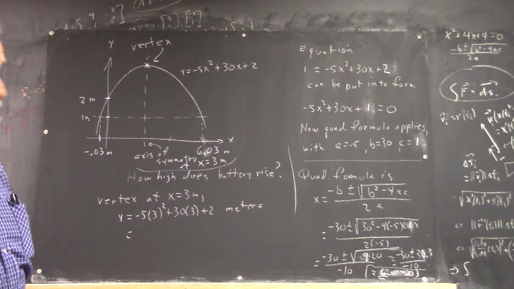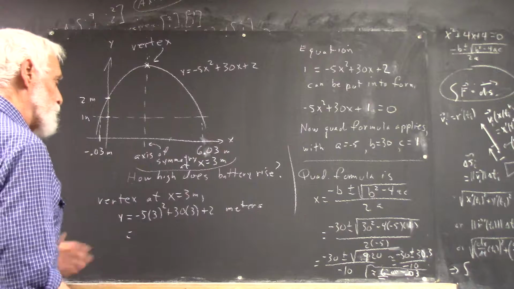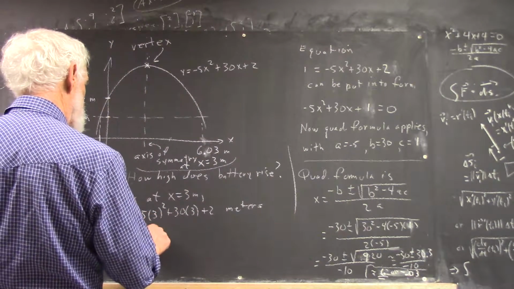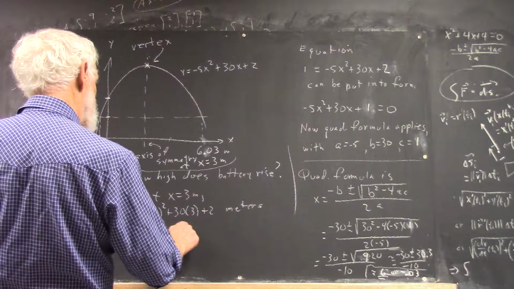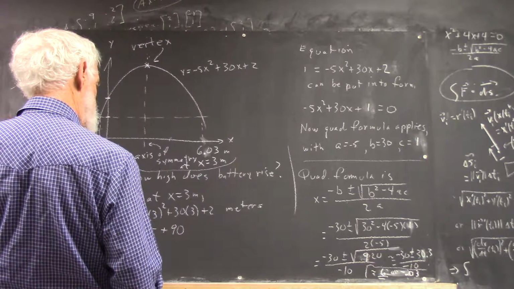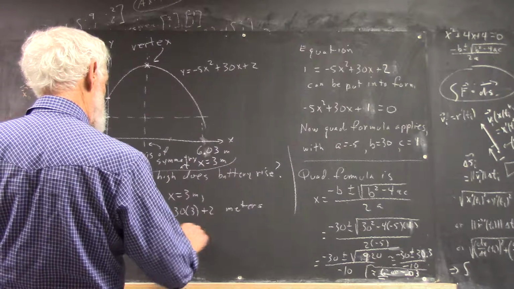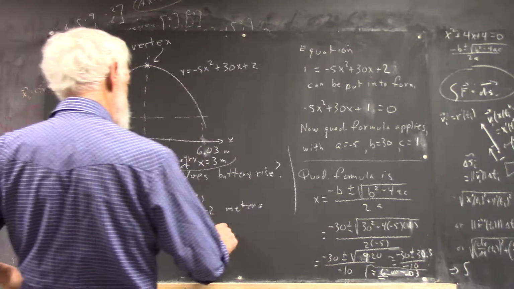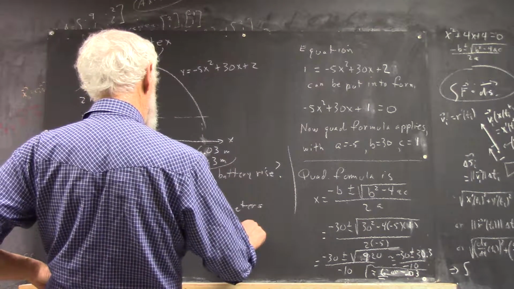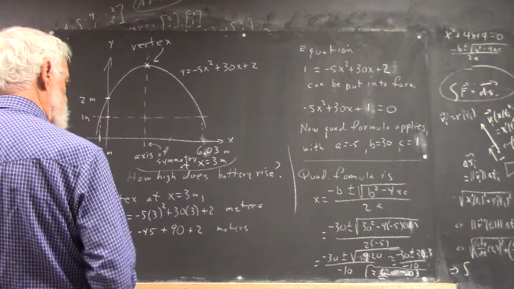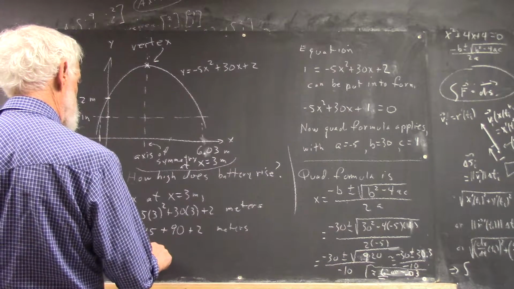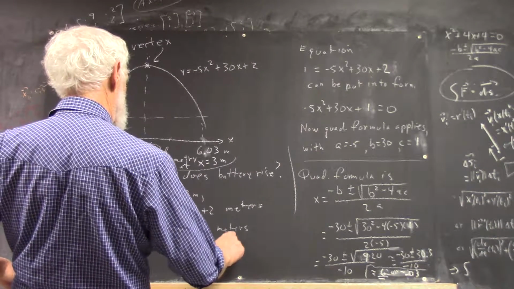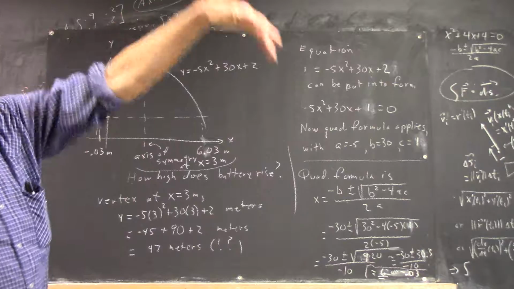Okay? Yeah, maybe 3 meters. So does this exceed 3 meters? Let's see. Negative 5 times 3 squared is negative 45 plus 90. Plus 2. Got to go 47 meters high.